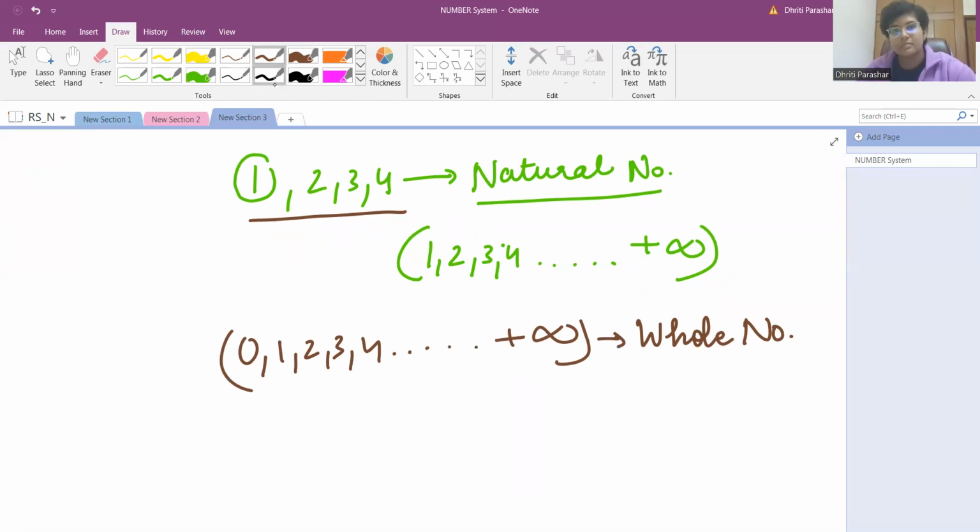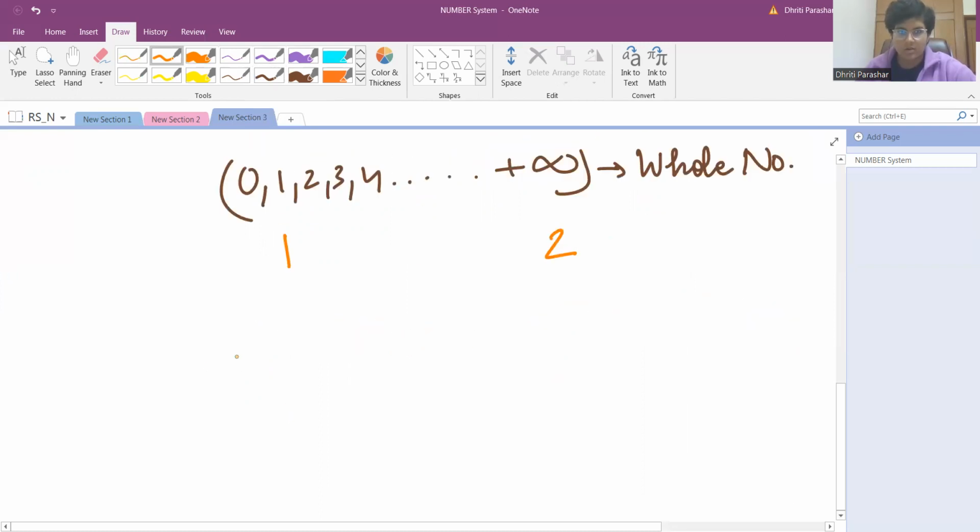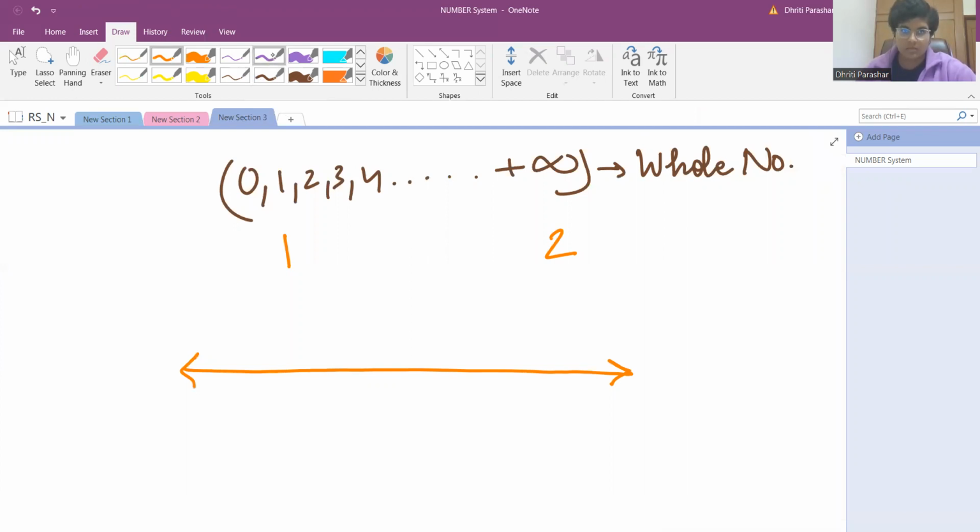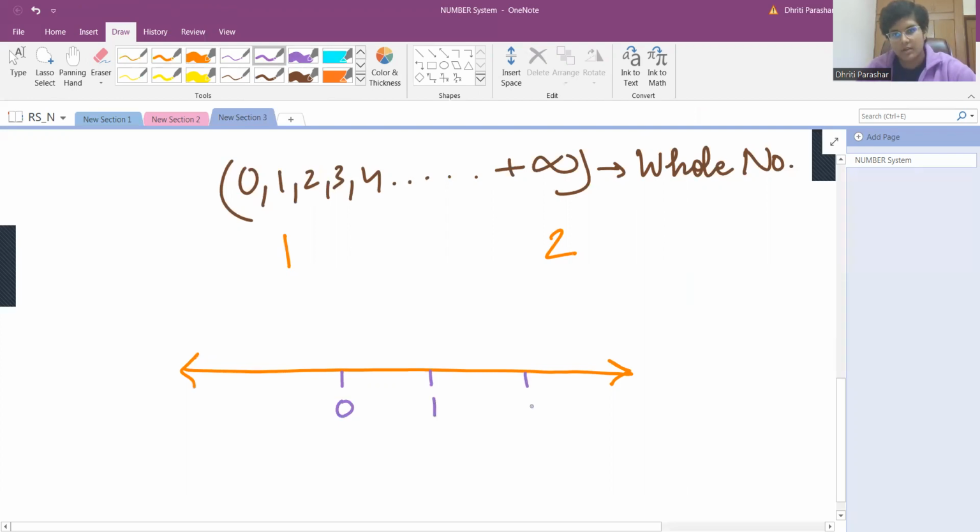Next, there must be a number, don't you think, between 1 and 2. Let me draw a number line here. So we are catering to the fact that if this is a number line, it has a 0 right here, and it has a 1 right here, and 2 right here.